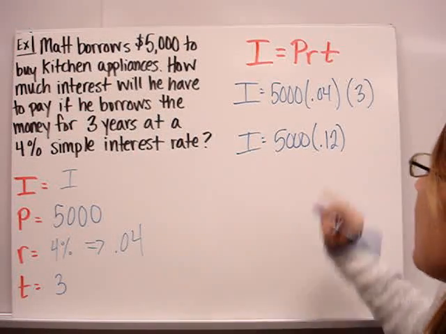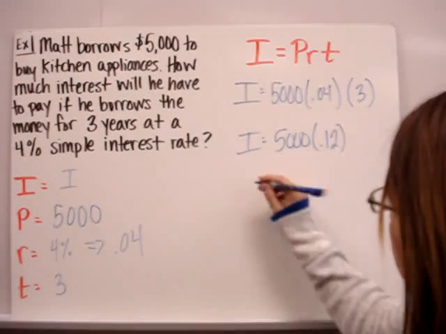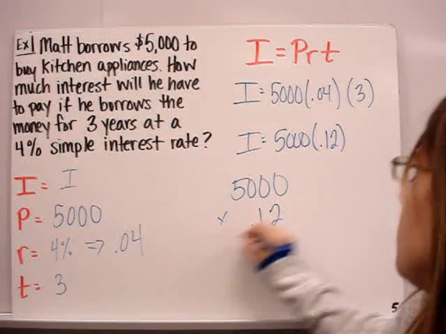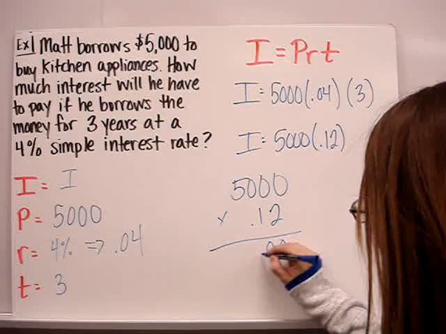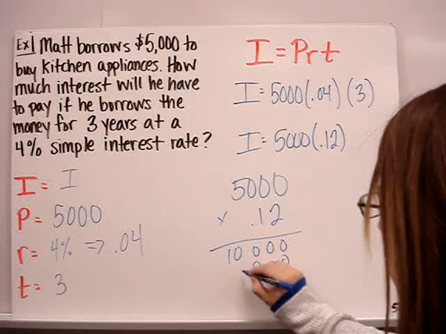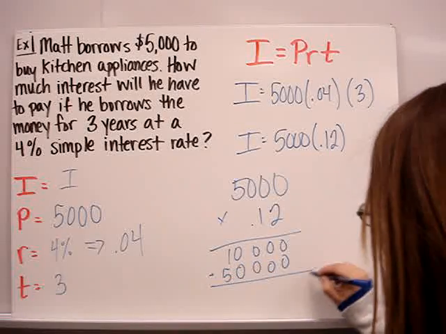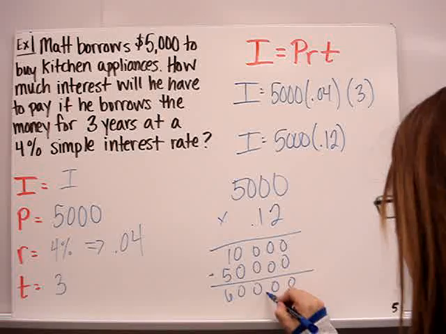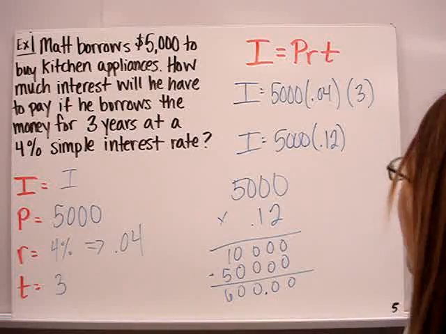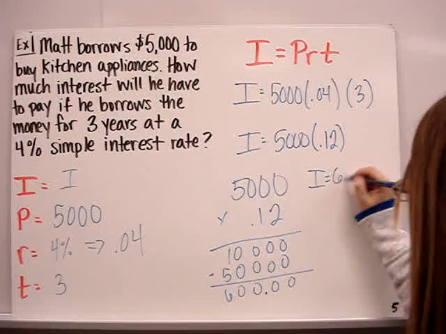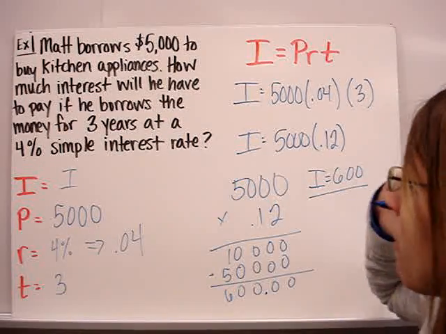So 5,000 times 12 hundredths is, and again, let's hope I do this right, because I'm still unsure about the last one, but I'm hoping that it's good. That's 10, 1, 2, 3, and 5. First of all, that looks like a lot, but then we place the decimal, $600. So I equals 600, and again, we know that's an amount of money.